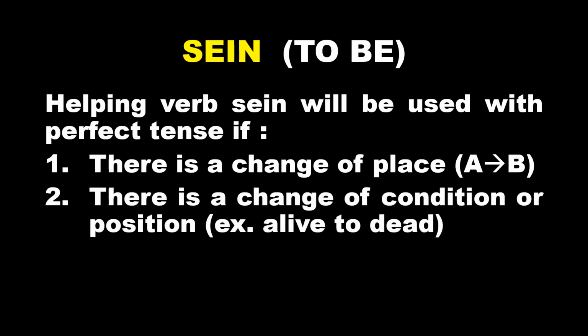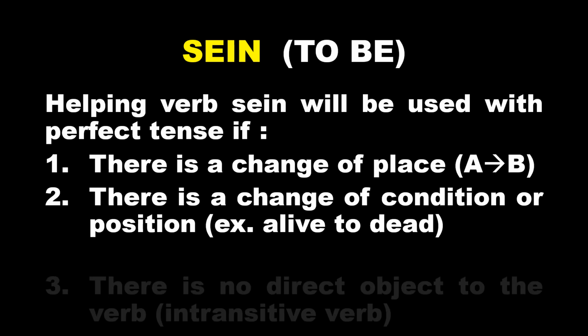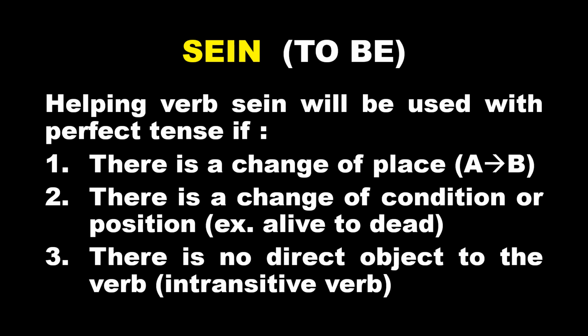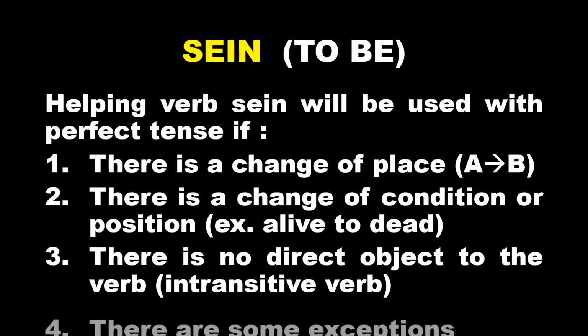There is one more condition, which says there is a change of condition or position, for example, alive to dead. That is just one example; there are more. The third condition is if there is no direct object to the verb, which means the verb is intransitive, then we have to use sein as a helping verb while making perfect tense.